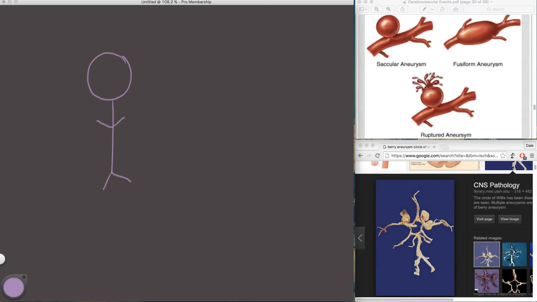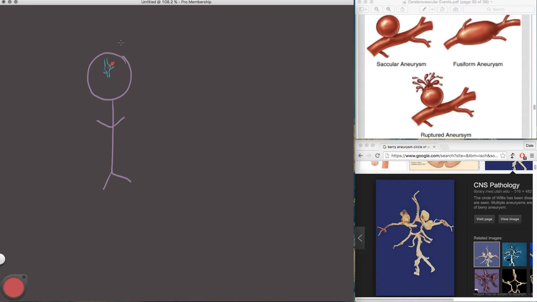So we know what's happening in the brain is we have our circle of Willis, and we're having a rupture. So what's happening is something is bursting, some sort of aneurysm is bursting within the brain, and we're having blood exiting at generally a fairly high rate from the circle of Willis.